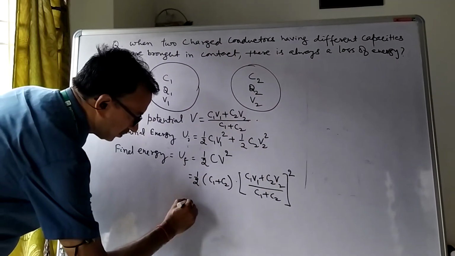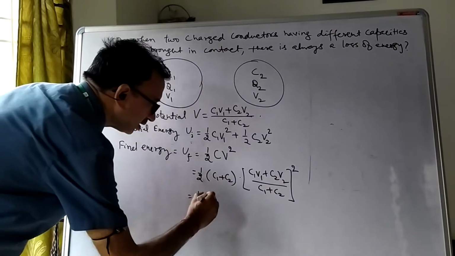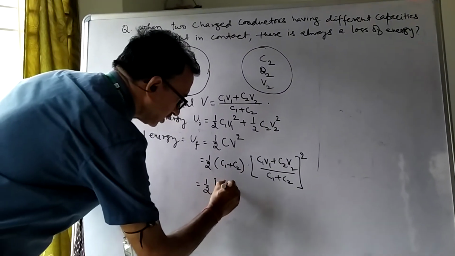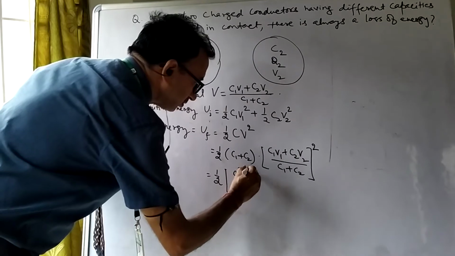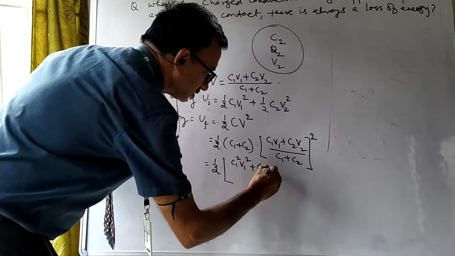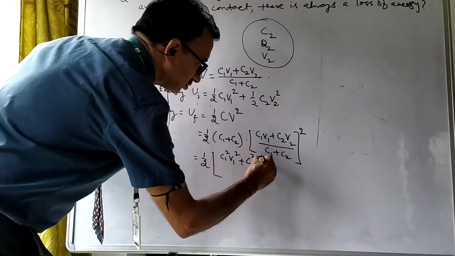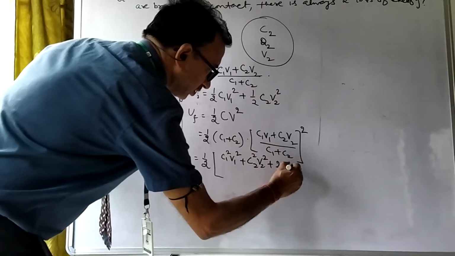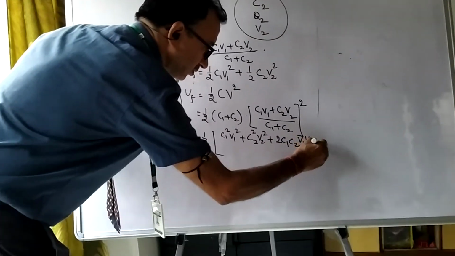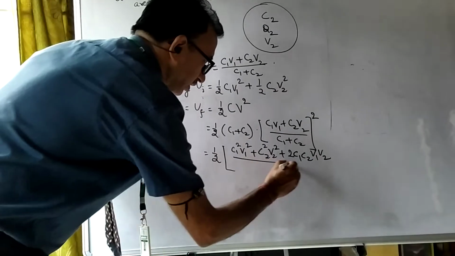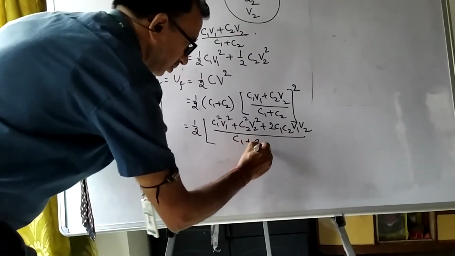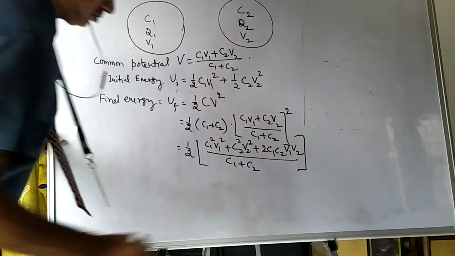So what is the answer? It is half, C1 square V1 square plus C2 square V2 square plus 2C1 C2 V1 V2 divided by C1 plus C2.